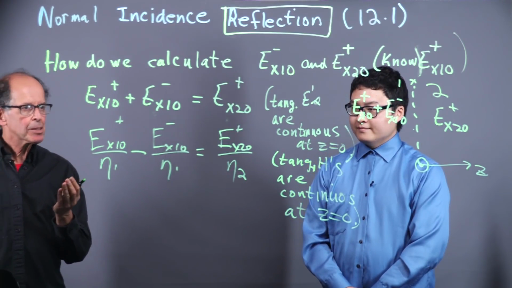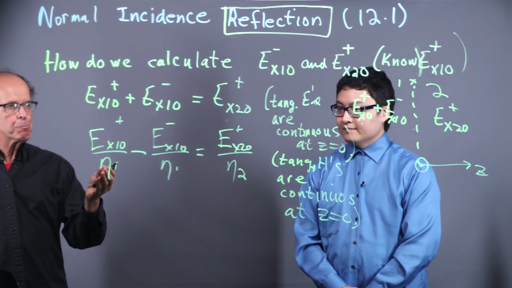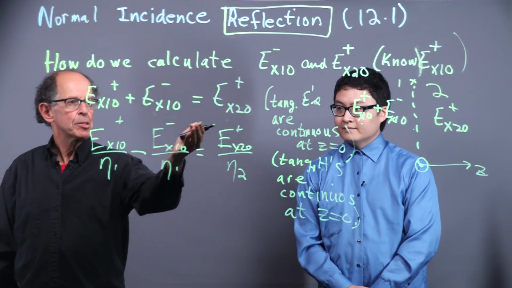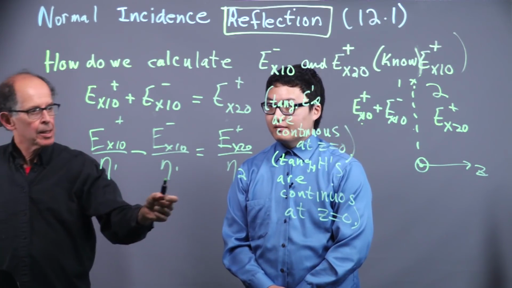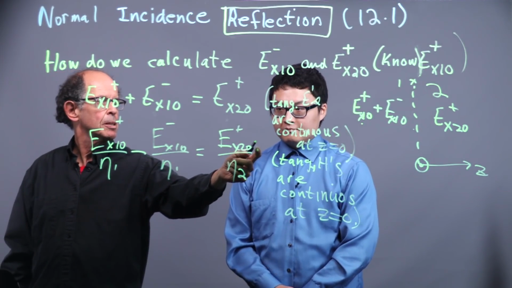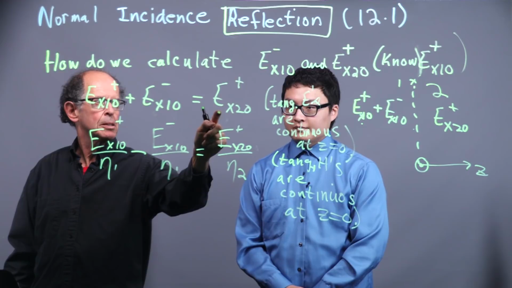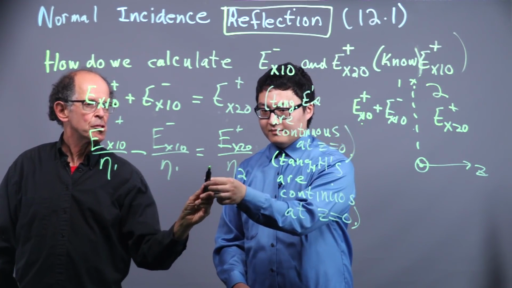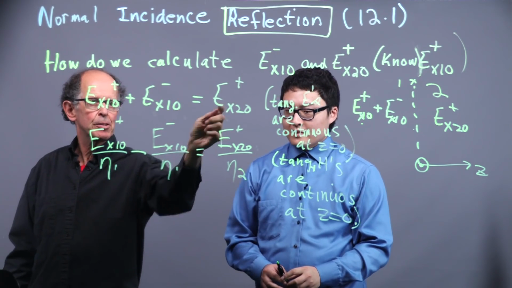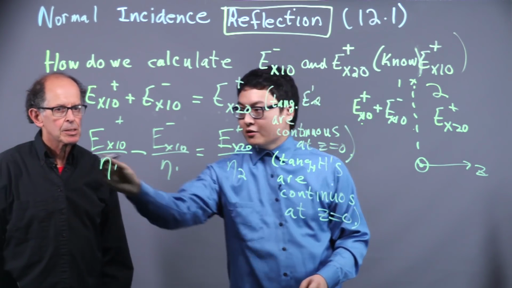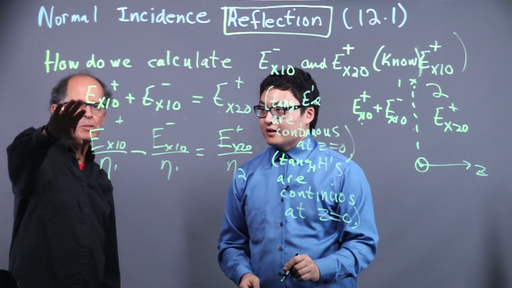Let's solve for E_x20 and plug it into this equation here. So do you want to do that? Solve for which one again? Solve for E_x20 and plug it into that one. Oh, okay. So just say what you're doing here to get this, and then put the result in here for E_x20. Well, in fact, I just moved this over there, right? Right, that's right. So you can do that in one step.